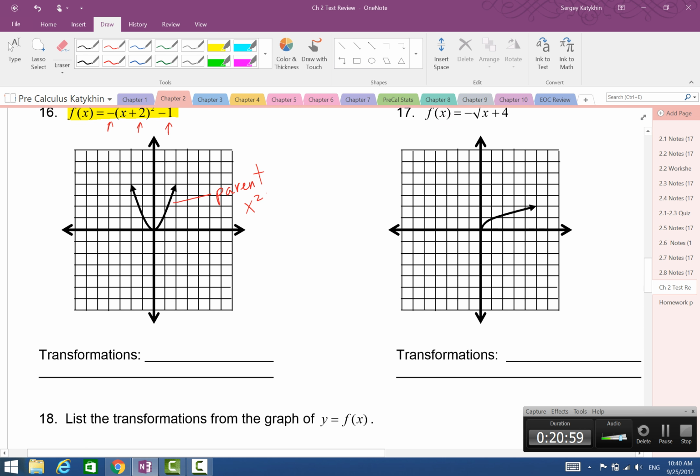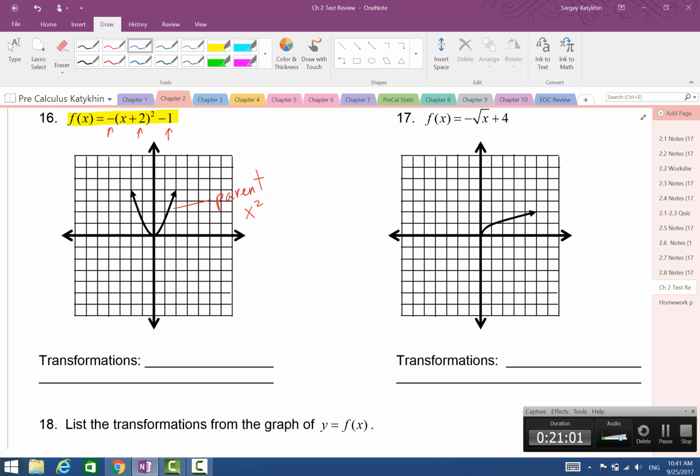So if I list those things, the negative in front of the parenthesis will give a reflection about the x-axis. Also, the +2 inside the parentheses will move the function.